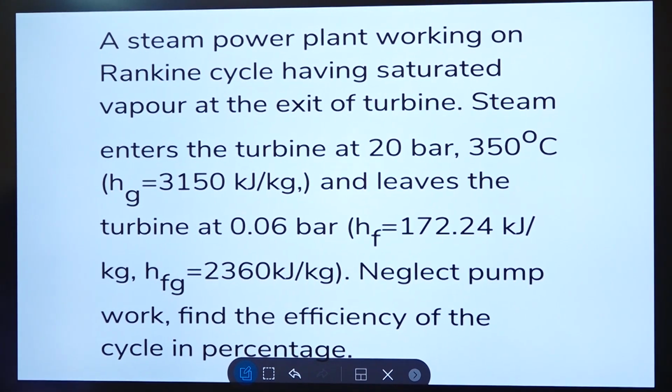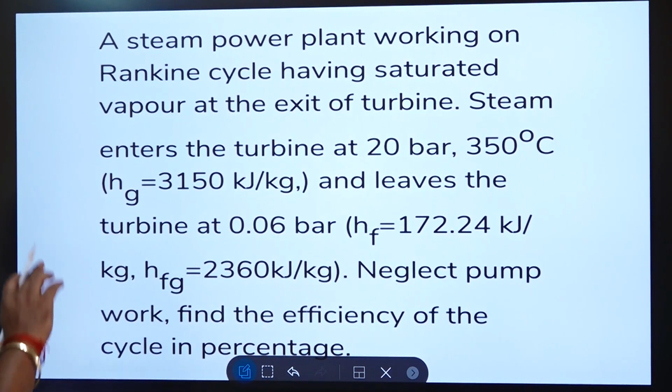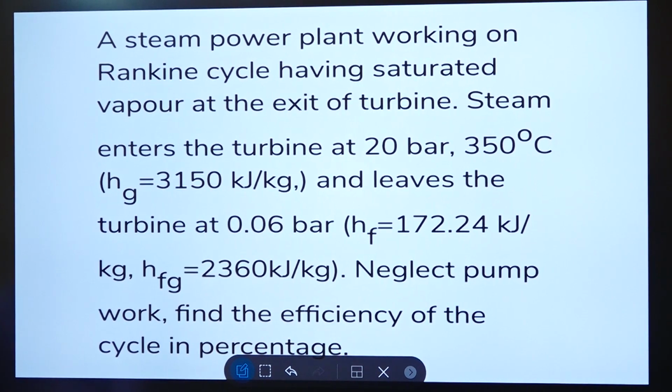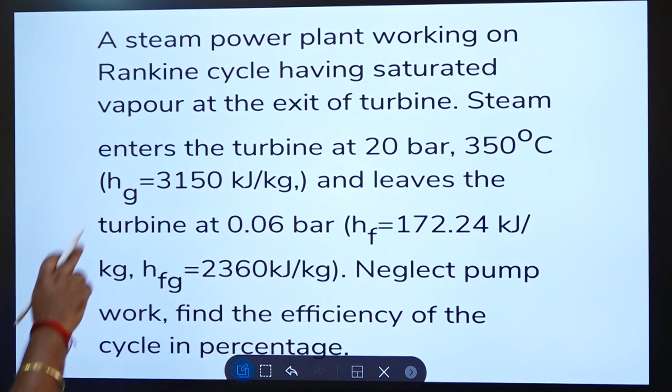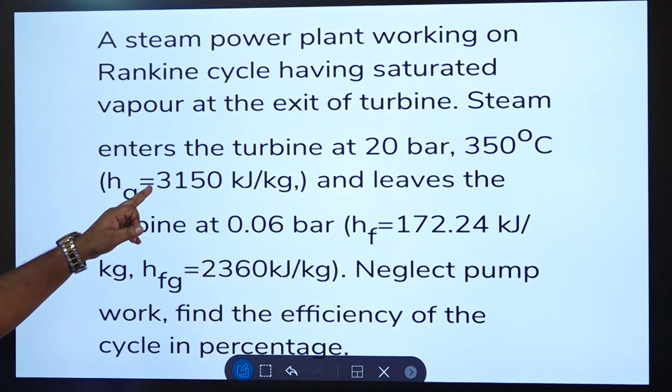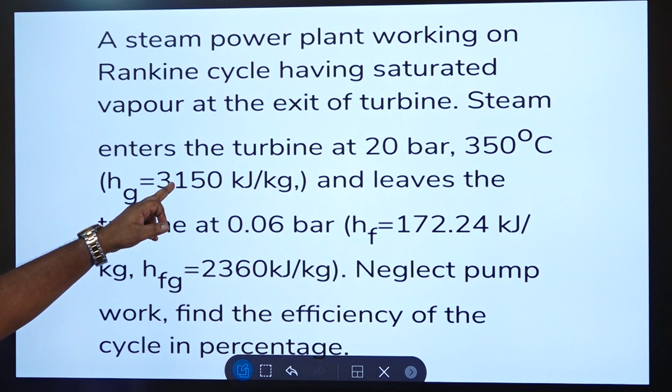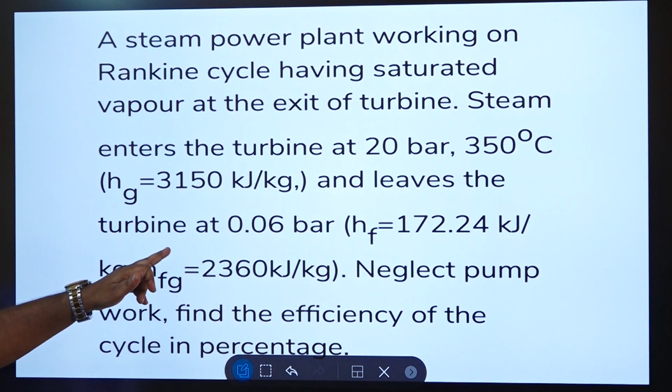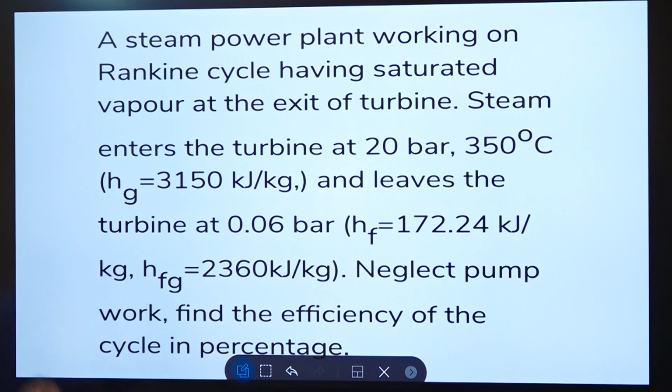The next question: a steam power plant working on the Rankine cycle has saturated vapor at the exit of the turbine. Steam enters the turbine at 20 bar and 350 degrees centigrade. Hg is given. The enthalpy at the point where steam enters the turbine is given to you, and the enthalpy at which it leaves the turbine is given. Hf is given, and Hfg is given to you.